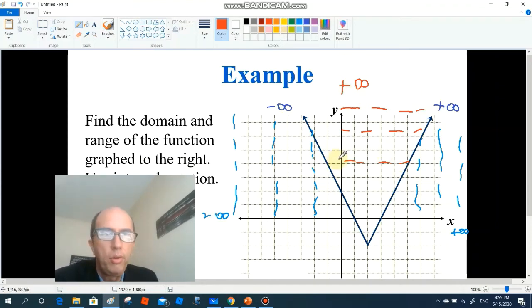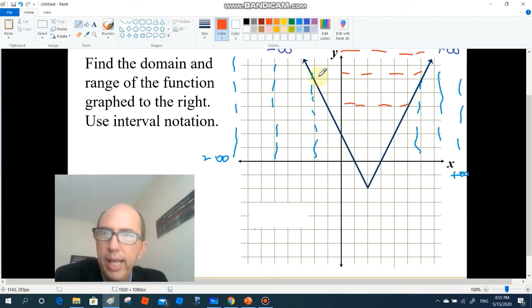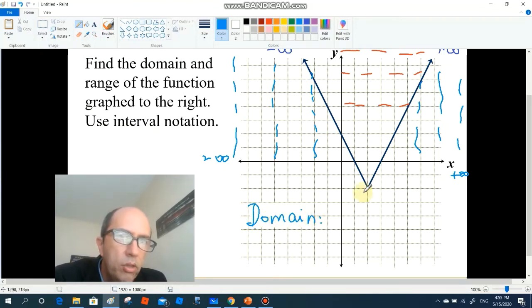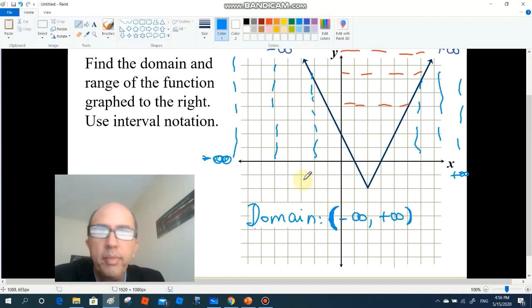And now, since we've realized this, what's the range? The domain first. Domain is going from negative infinity, and use parentheses here, negative infinity. Every time you represent negative infinity in this kind of representation, the interval notation, you use parentheses, to positive infinity, parentheses.